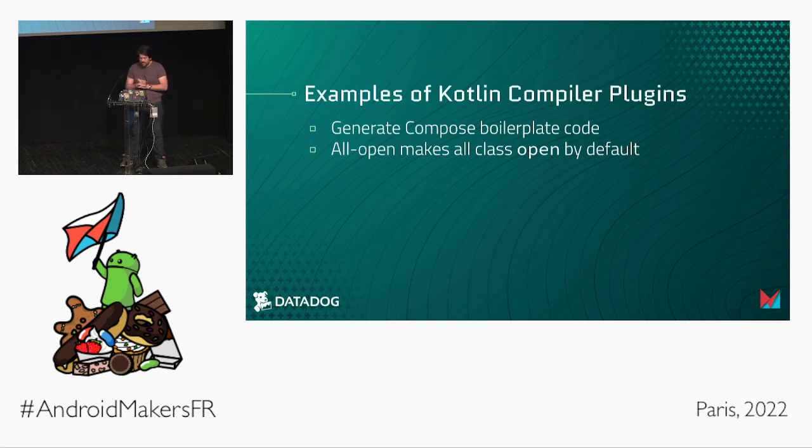I mentioned Jetpack Compose already, which does a lot around your composable methods, but you also have an official Kotlin compiler plugin, called open, that makes all classes open by default. As you know, in Kotlin, all classes are final by default, so in some backend work, you want all your classes open, and this compiler plugin basically just switches this for you.